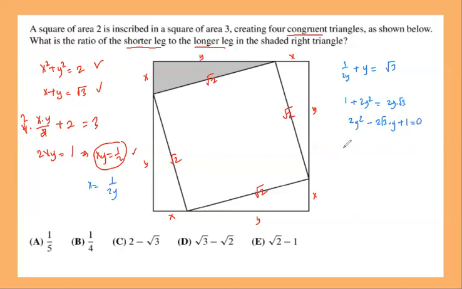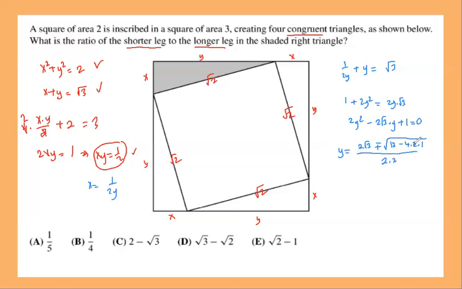I think we cannot really factor, so let's use the quadratic formula. That should be minus b, which is 2 root 3, plus or minus the square root of b squared, which is 12, minus 4 times a, which is 2, times c, which is 1, over 2a.